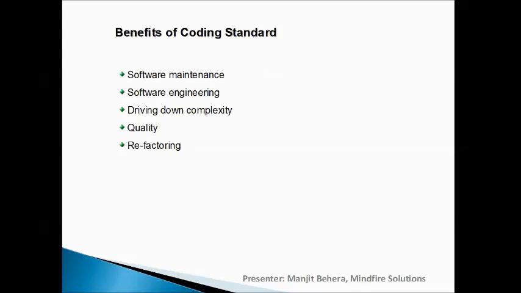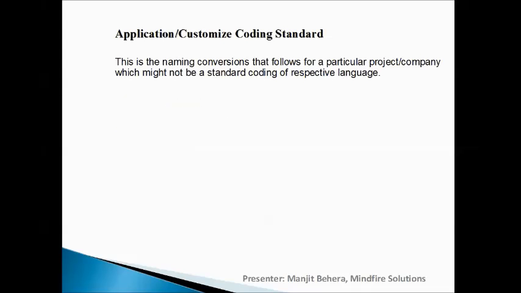Refactoring is nothing but the style and beauty of our application, and the beauty of our application comes from the architecture, and a beautiful architecture comes from a coding standard. If we are following a good coding standard, then we must have good visibility.